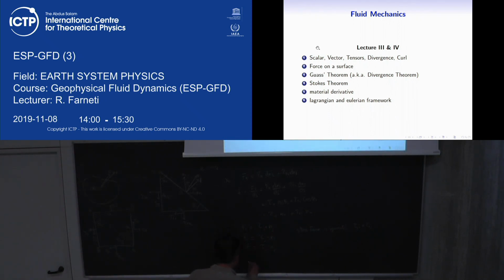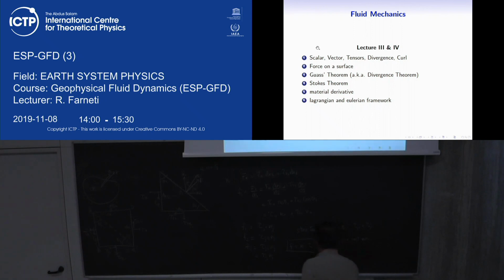So you can switch the order here. So the f is n tau. Okay, and so you can switch this, tau ij nj. So the simple result here is that force per unit area is equal to what?